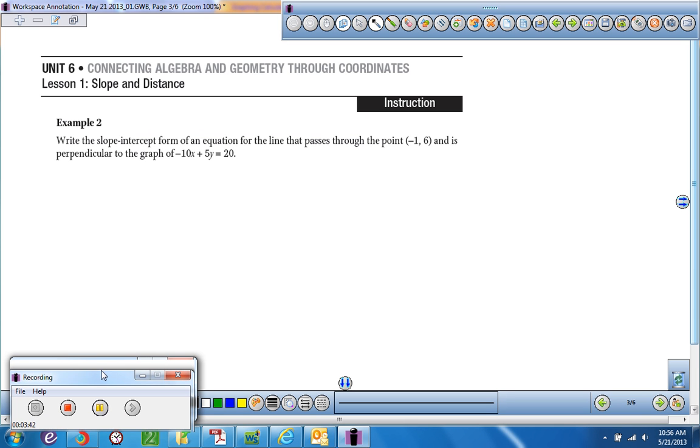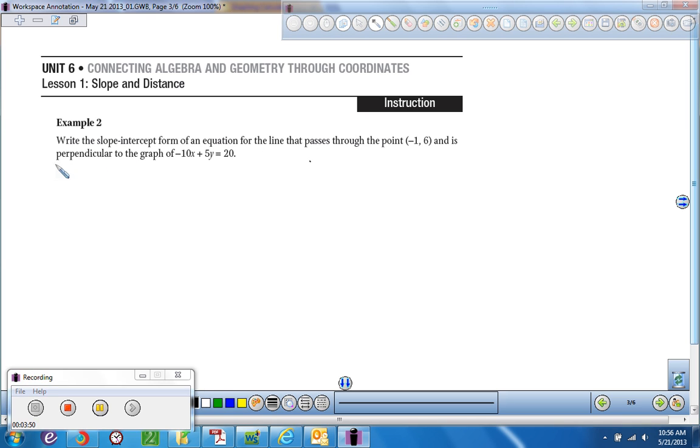Here we have an example 2, similar type problem, but now it's perpendicular. Perpendicular means they have to have the negative reciprocal, so that just means if you multiply them together, you would get negative 1. Process is going to be similar, it's just how we come up with the slope will be a little bit different. So let's start out with, we know this line.